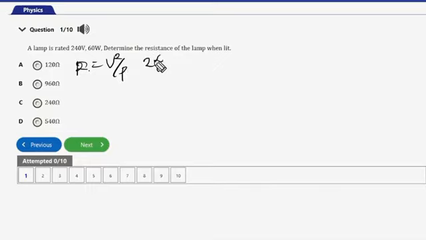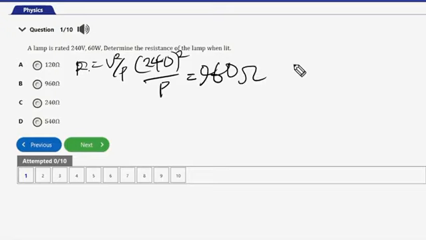When we square 240 here, we divide by the power, and guys, that will give us 960. So the answer to this question is 960 ohms, and that's option B here. So option B is the answer to this question.